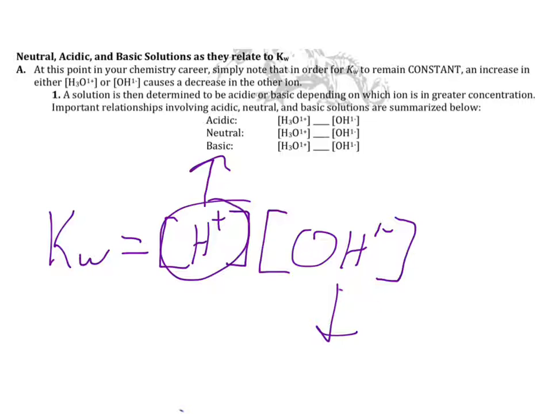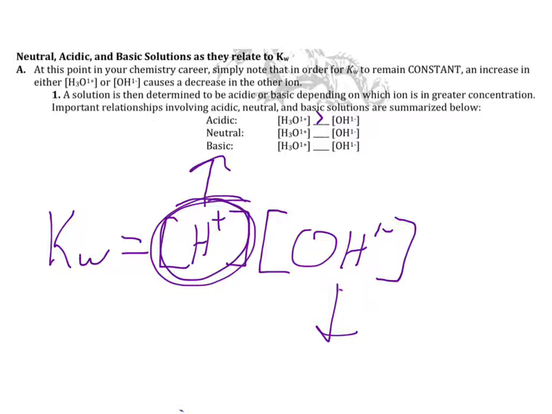So what that means is, if you have a solution where you're increasing the hydrogen ion concentration, you're going to end up with a greater amount of hydronium ion because you are putting more hydronium ion in solution.